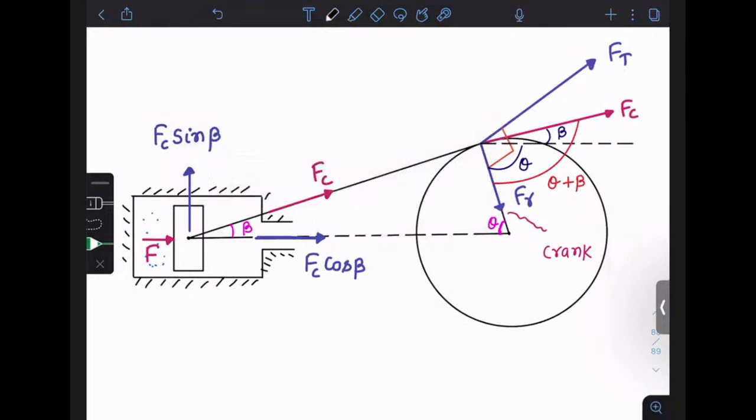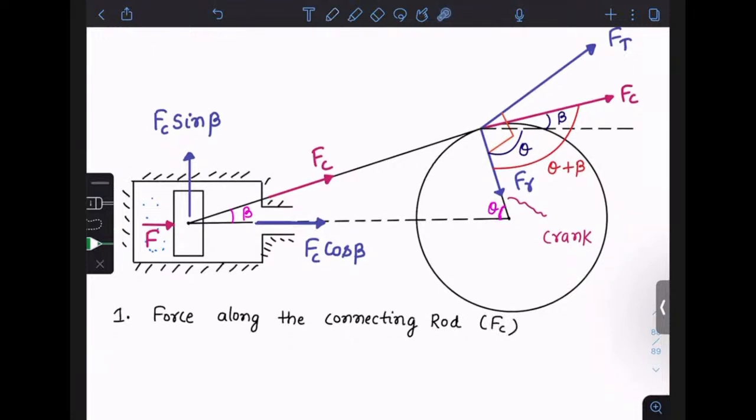One by one, let's understand. The first is your force along the connecting rod. Suppose force along the connecting rod is FC.